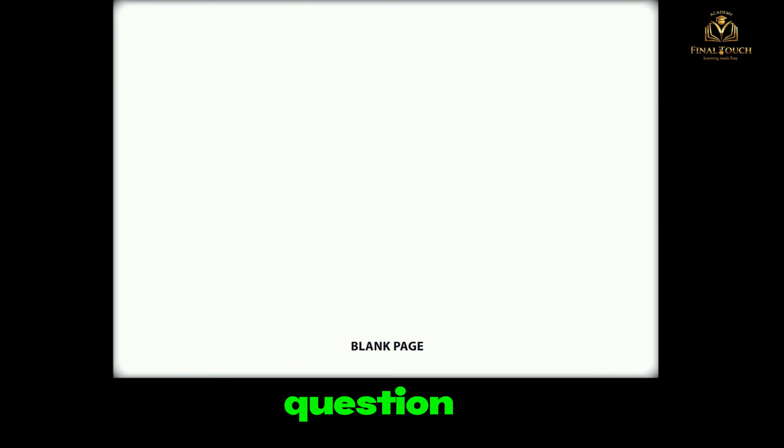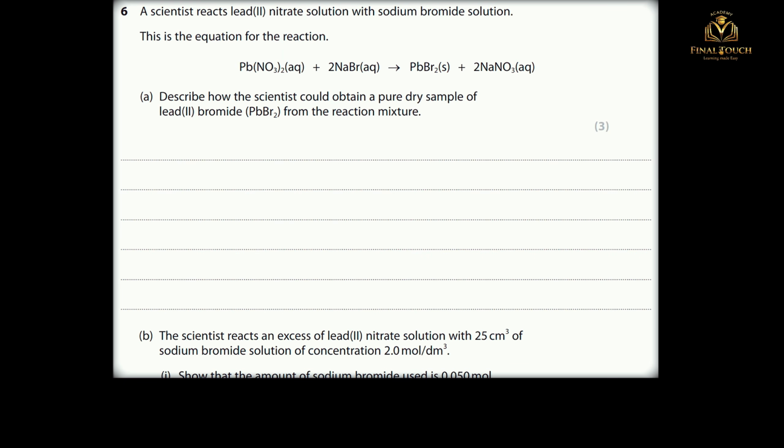Moving on to question number 6. A scientist reacts lead(II) nitrate solution with sodium bromide solution. This is the equation for the reaction. Describe how the scientist could obtain a pure dry sample of lead(II) bromide from the reaction mixture.